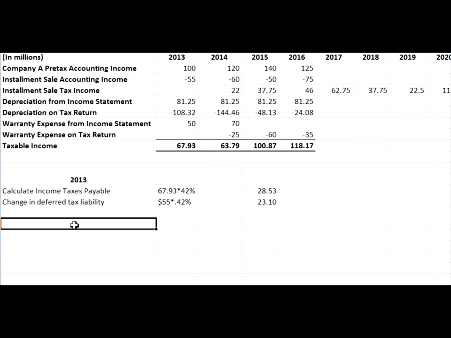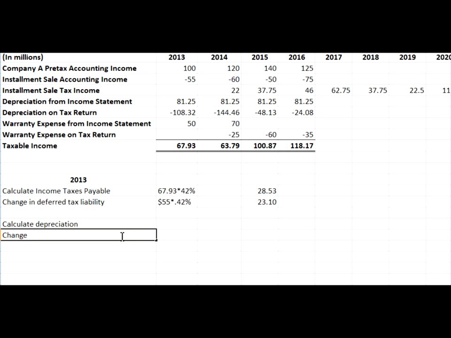Okay, so now we want to calculate depreciation. So how we're going to do that, and this is the change in depreciation. So that's the net between MACRS and our income statement depreciation expense. Okay, so we know we did straight line, so that's here, and then MACRS is here.